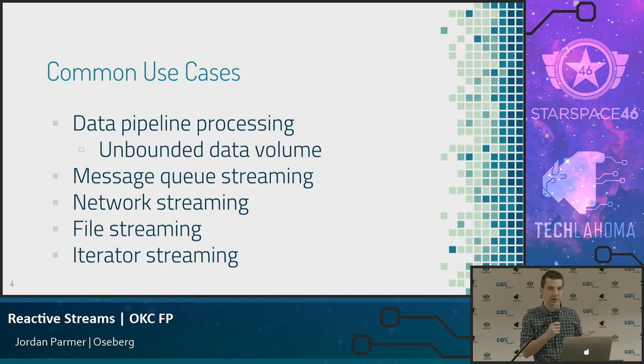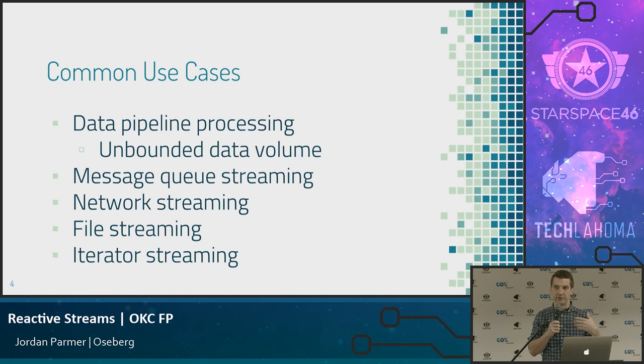If you do a lot of ETL work, or you're processing large volumes of data, like pulling in tweets from Twitter or posts from Facebook, it's really great for that kind of thing. Unbounded data volumes. Message queues: if you work with any kind of message brokering system, it's great for streaming data. Streaming from network sockets, files, even iterators.